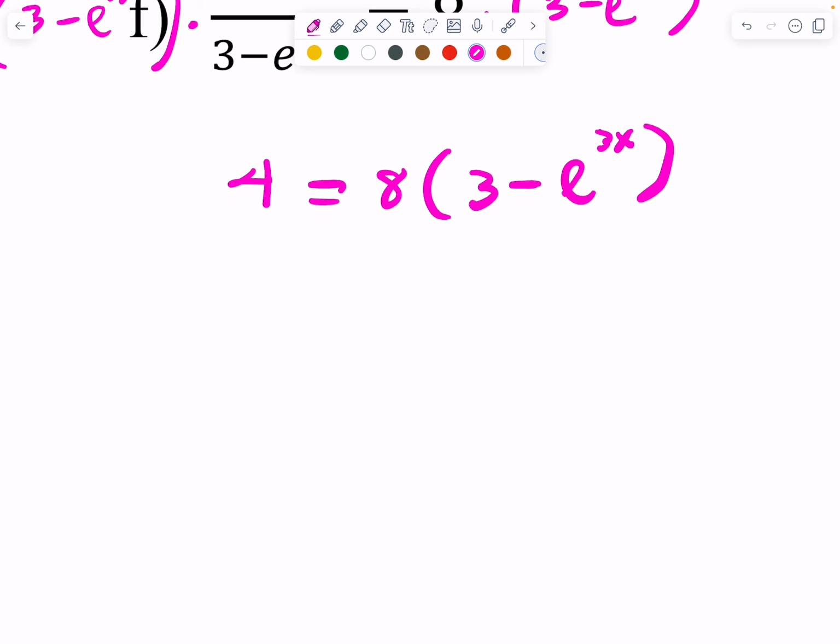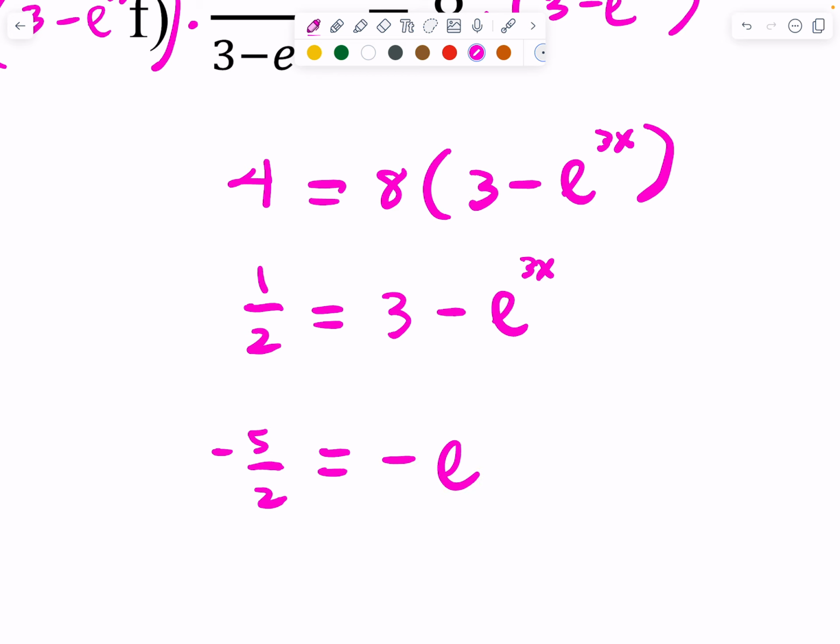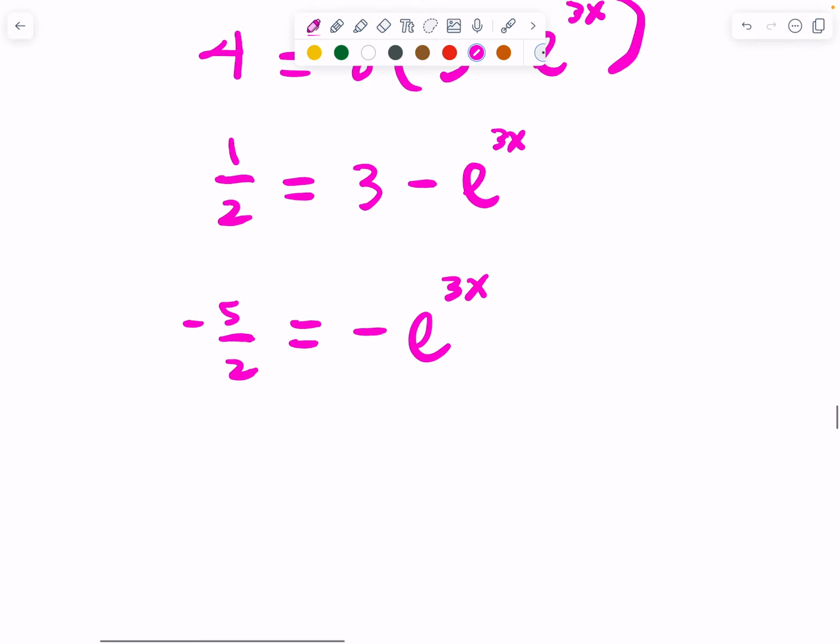I'm going to think about dividing by 8 so that this turns into 1/2 equals 3 minus e to the 3x. And then if I'm subtracting by 3 on each side of the equation, that would be subtracting by 6/2. So that would be minus 5/2 on the left-hand side equals negative e to the 3x.